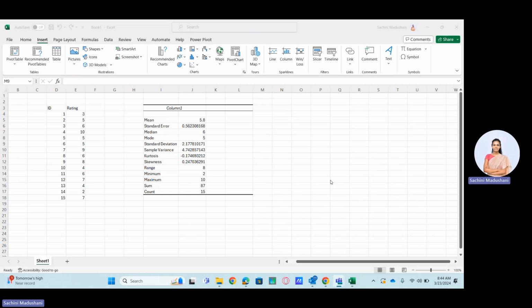Then tell me which type of level of measurement this variable is. What is it? Nominal, ordinal, or ratio?